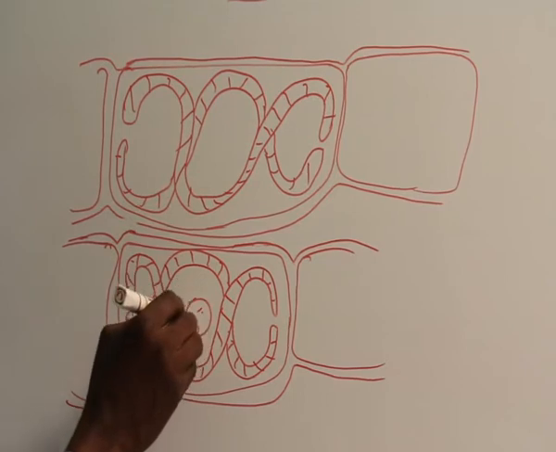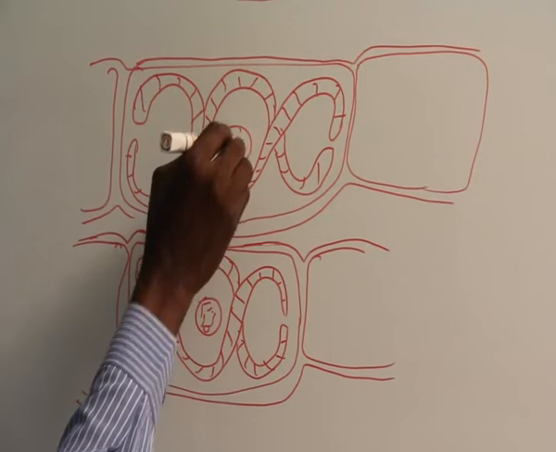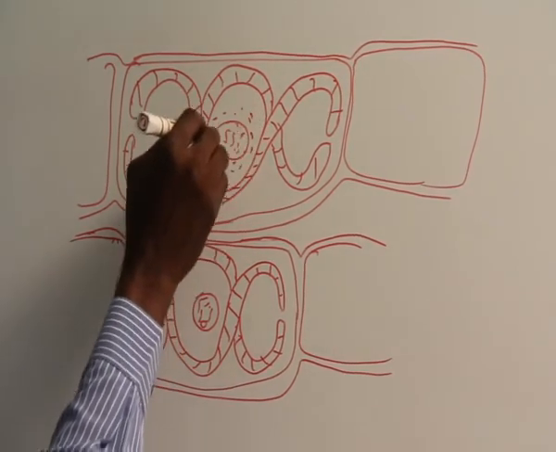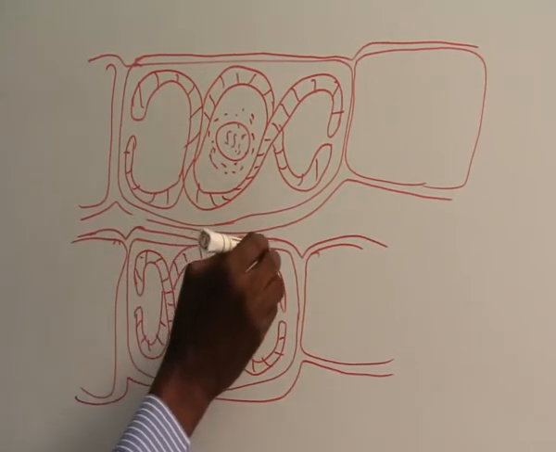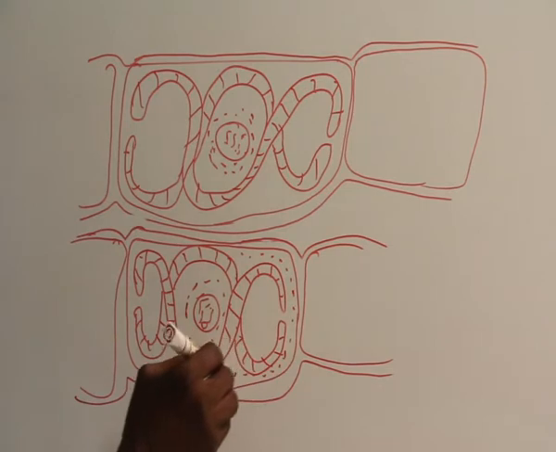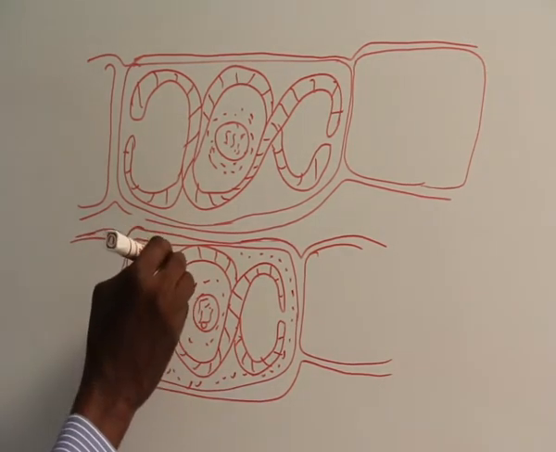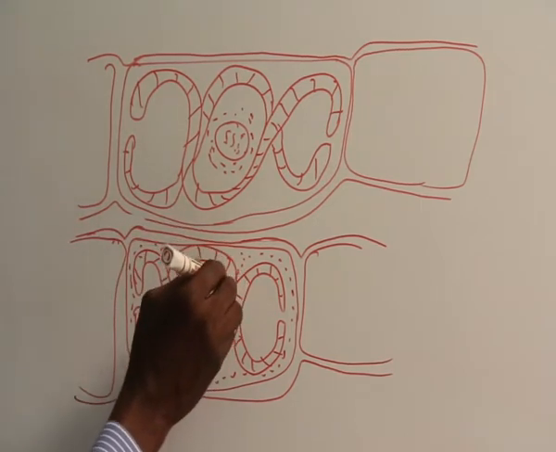Nucleus, with cytoplasm surrounding the nucleus, and cytoplasm at the periphery, at the edge, radiating to the center, from the center to the edge.